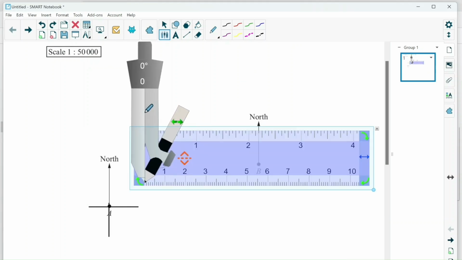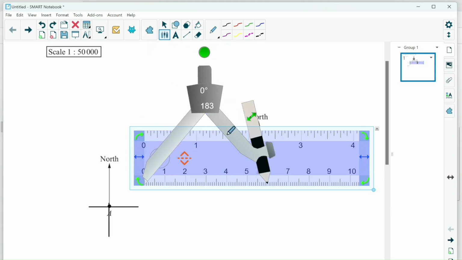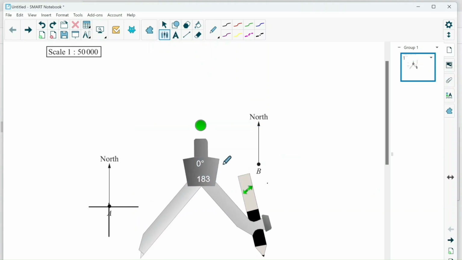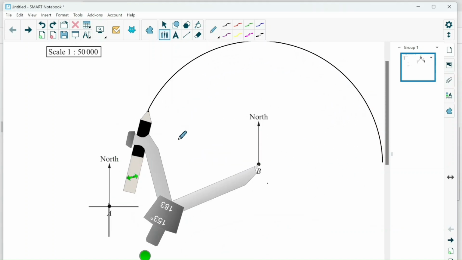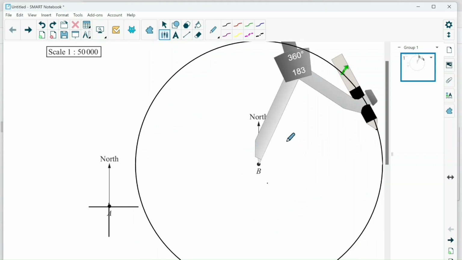Put the pin end at the 0 point, then we extend it to 6 centimeters. Now once we've done that, you take your ruler off. You take the compass, put the pin end at point B and make a circle round point B. That's 6 centimeters. C can be on any point on this circle. That's showing the 6 centimeters distance between B and C.